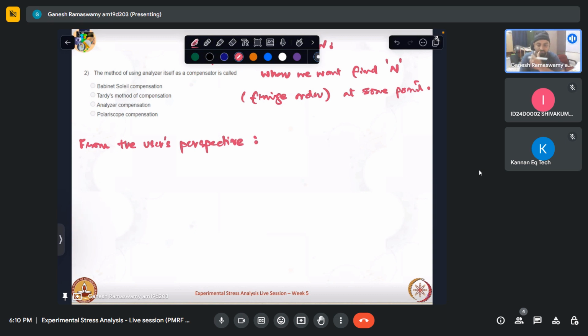Conventionally, if we were to look at it with the naked eye, what we can see is fringes passing through points, through a point of interest.